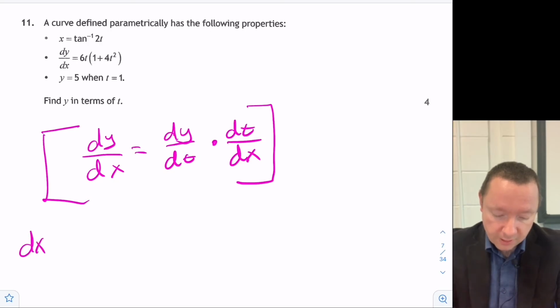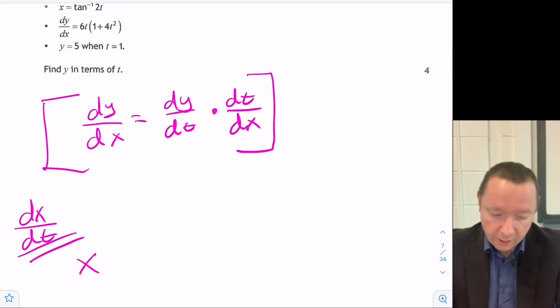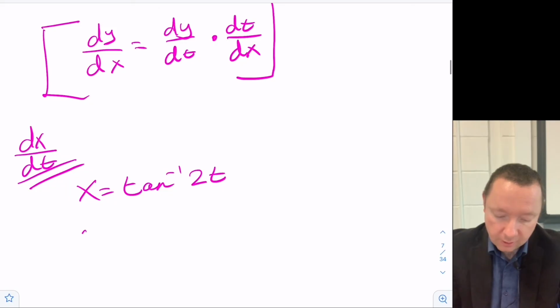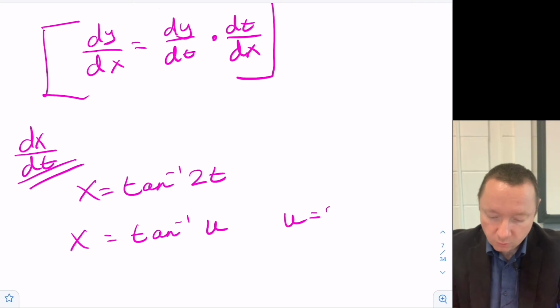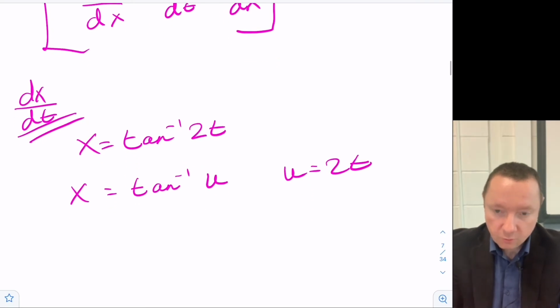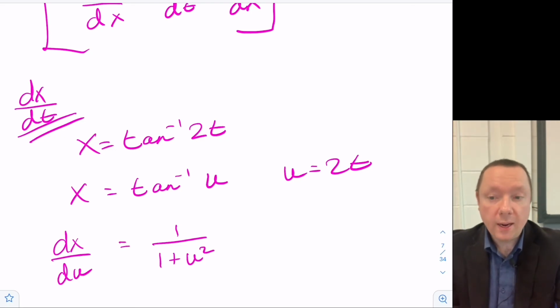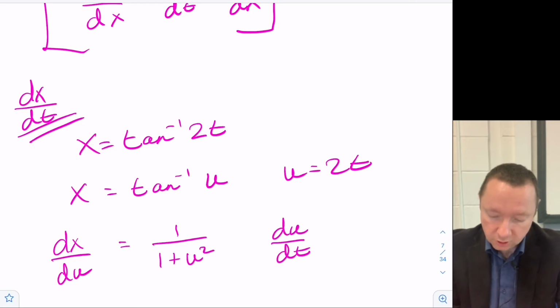So looking at dx by dt, we know that first of all, x is the inverse tan of 2t. So we need to differentiate the inverse tan of 2t. So let's say x equals the inverse tan of u, where u equals 2t. Then obviously dx by du, using your formula sheet if you have to, is 1 over 1 plus u squared. And du by dt just equals 2.